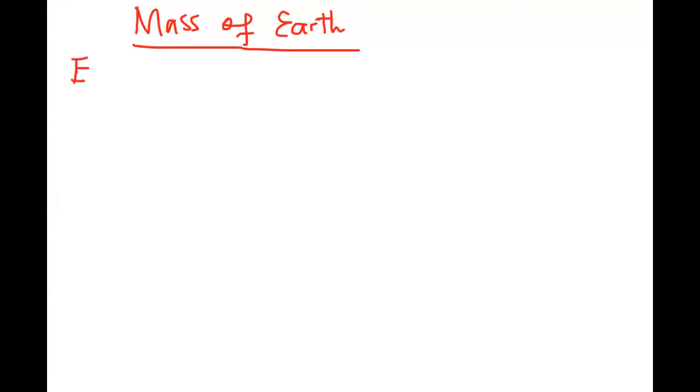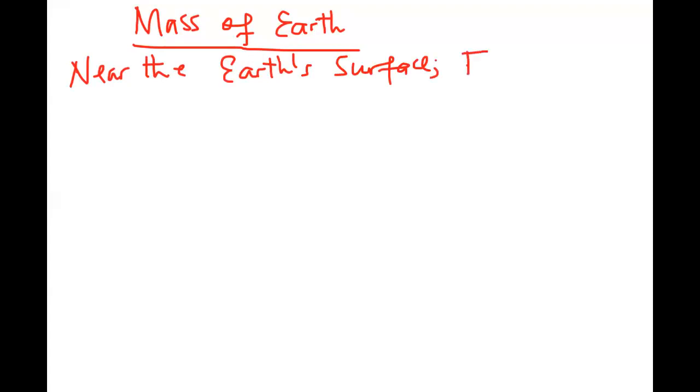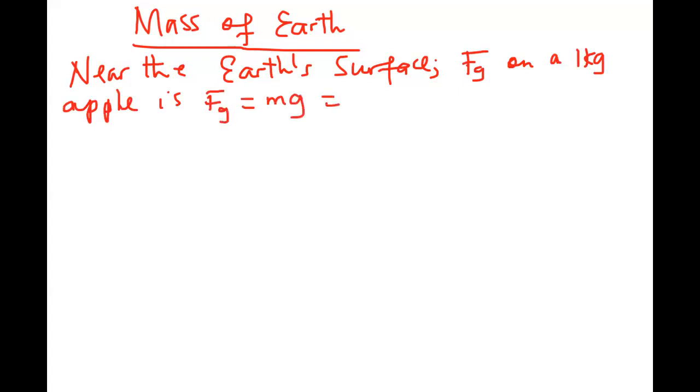Near the Earth's surface, the gravitational force on a 1 kilogram apple is Fg equal to mg, remember, and this will be 1 kilogram times 9.8 meters per second squared.